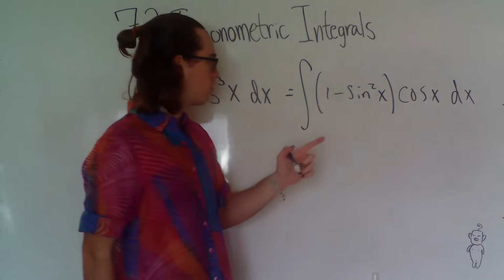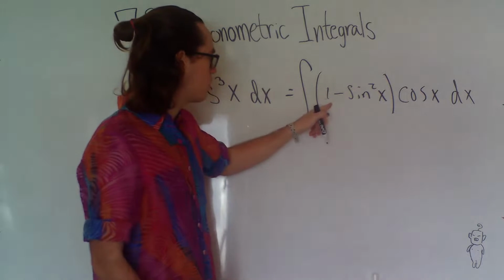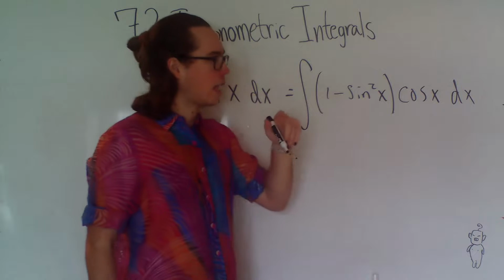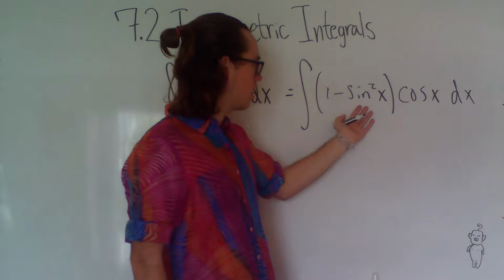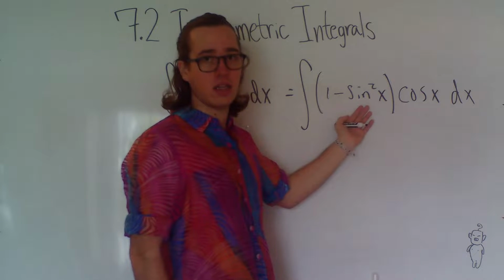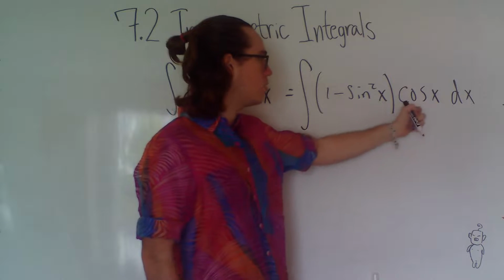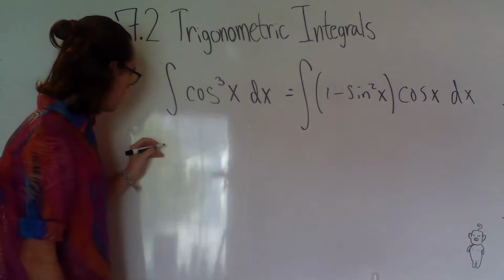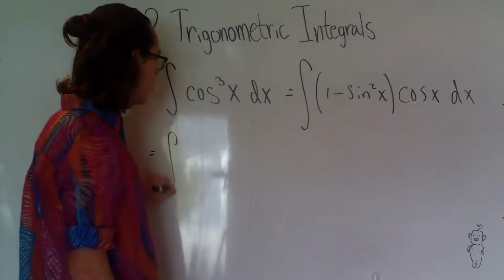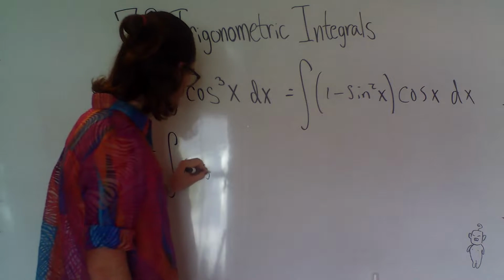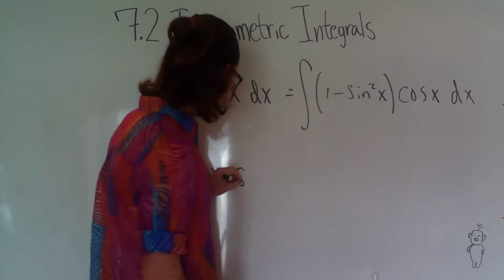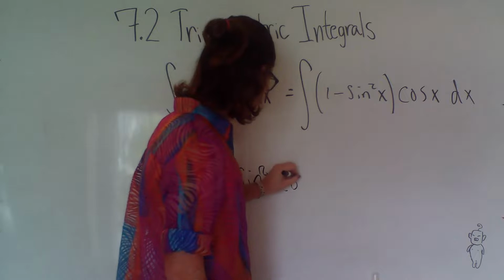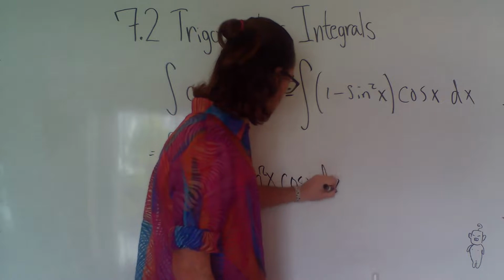Well, let's see. If we just distribute this cosine, this would be cosine x minus sine squared x cosine x. And if we do a u substitution with u equal to sine, our du would be equal to cosine x dx. So this is equal to the integral of cosine x minus sine squared x cosine x dx.